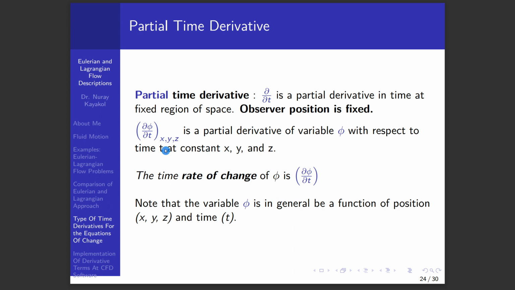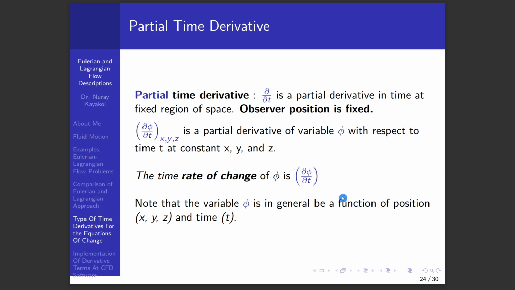By the way, in short, I say del phi over del t. This is a short way of reading the equations. Instead of del phi over del t, you can read partial derivative of variable phi. Del phi over del t is also called time rate of change.